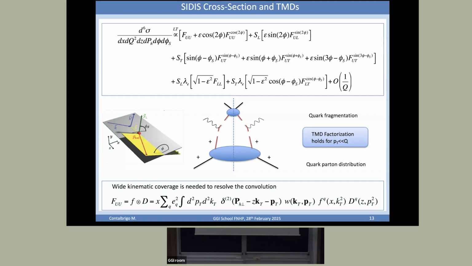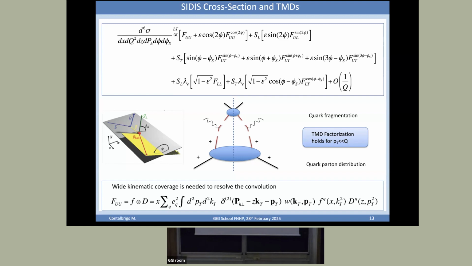This can be done and allows you to describe each of these terms, which are called structure functions, as a convolution. You have, of course, the conservation of the momenta. And then you have the parton distribution that describes the probability to find a given quark inside a nucleon, and the fragmentation. And what you see is that you have a convolution here, okay?